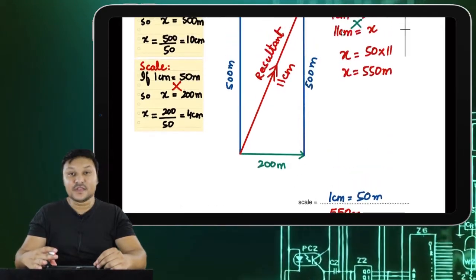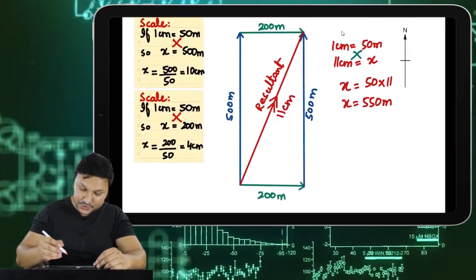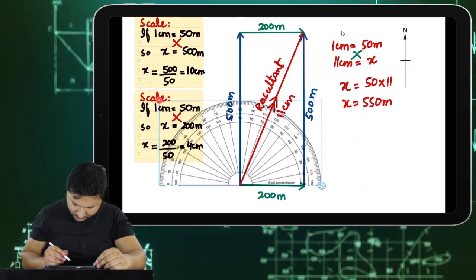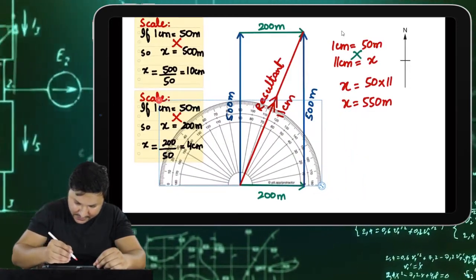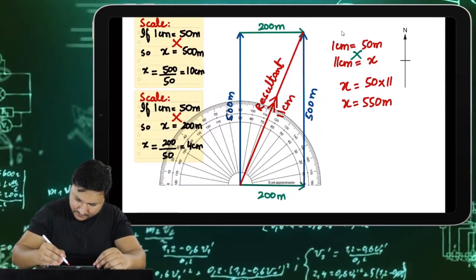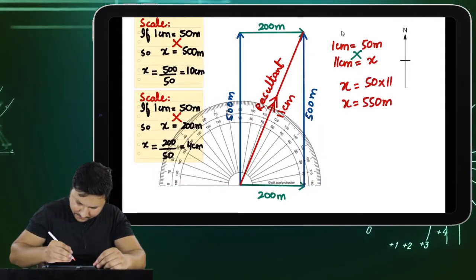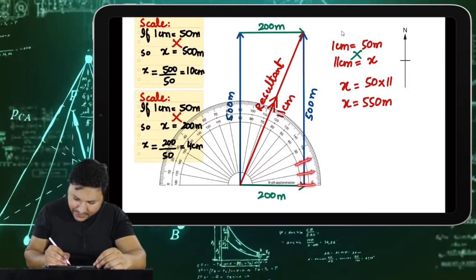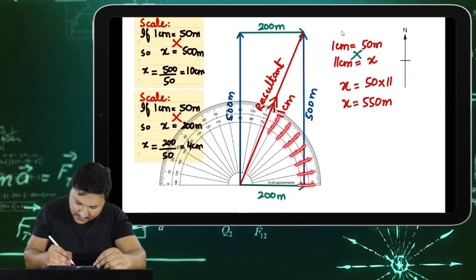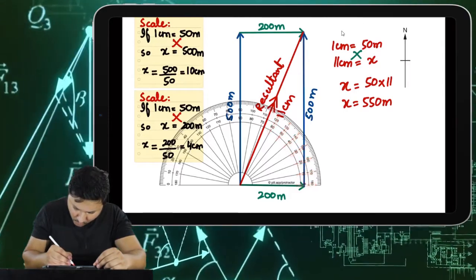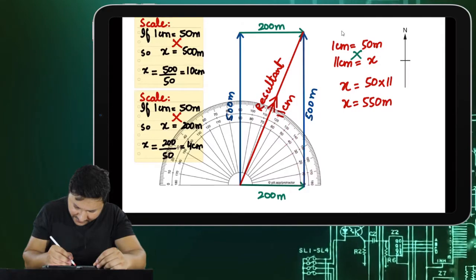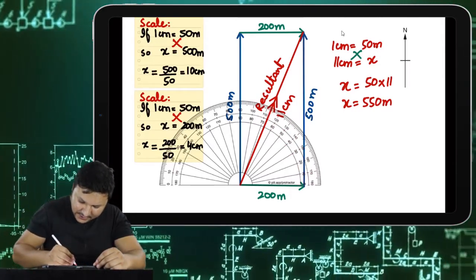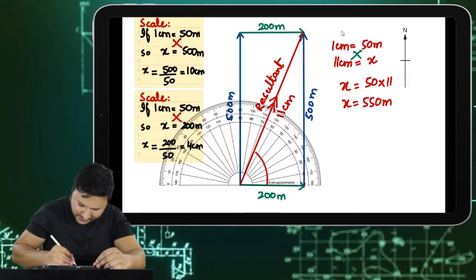Now, here comes the direction part. We will measure the direction using a protractor. And the direction is 10, 20, 30, 40, 50, 60, 61, 62, 63, 64, 65, 66, 67. So the direction is 67 degrees with respect to the x-axis.